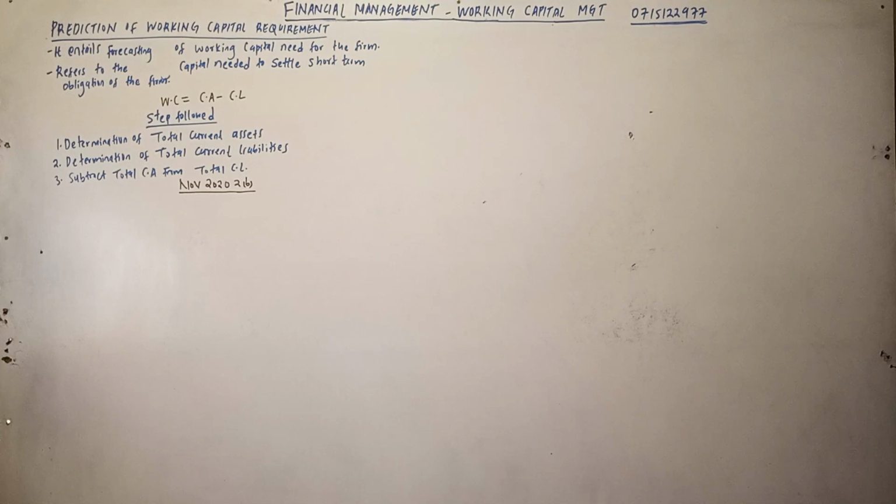The question is about Nderu Ltd. Let me read the question. Nderu Suppliers Ltd is reviewing its working capital commitment for enhanced efficiency. The following information relates to the period ended 1st March 2020.